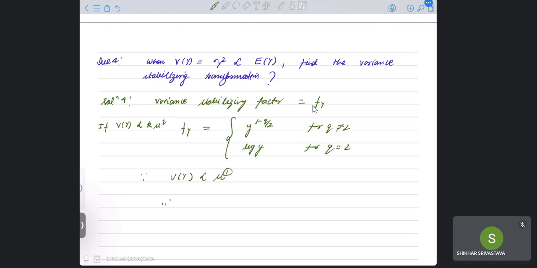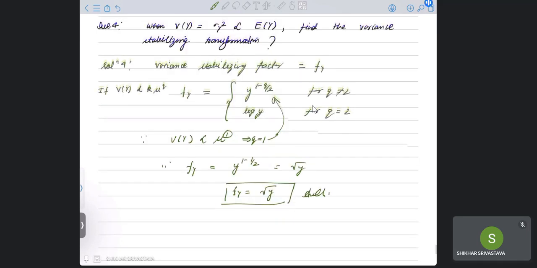So just put q equal to 1, and your variance stabilizing factor will be y to the power 1 by 2. So it will become root of y. So your variance stabilizing factor for this particular transformation is root of y. So this is your answer.